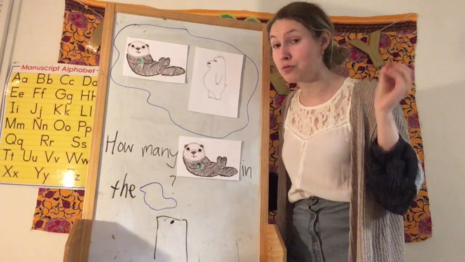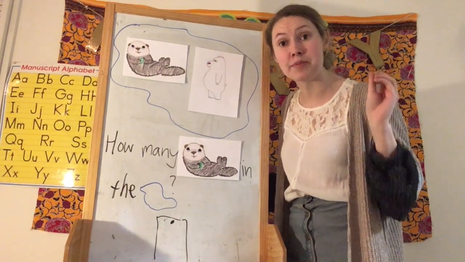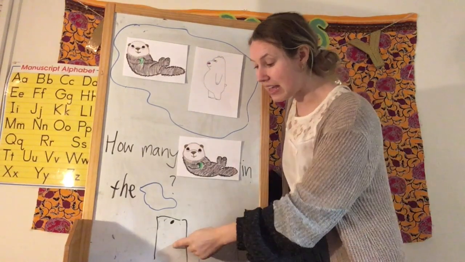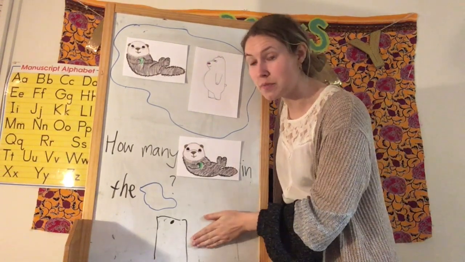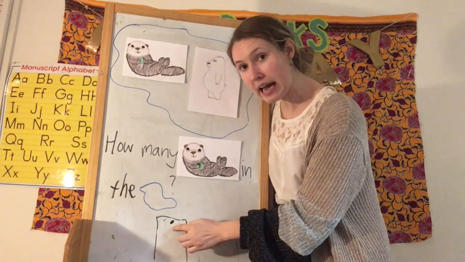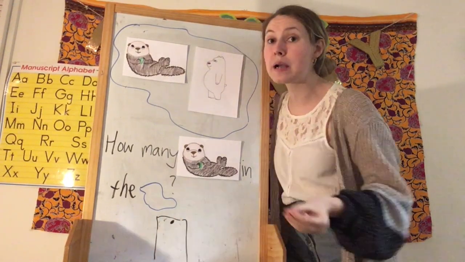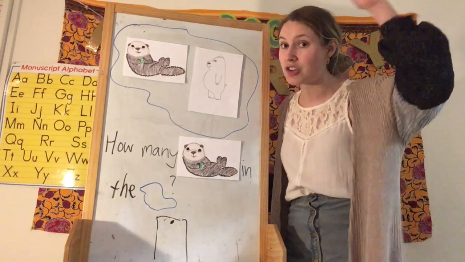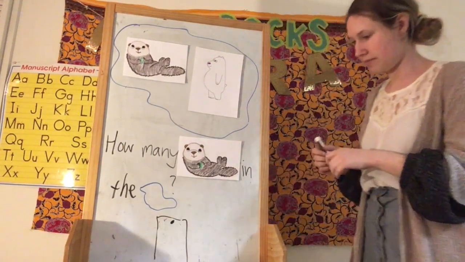So I'm going to write my answer because remember our objective is to write our answer to the how many questions in this answer box. Here's my answer box right here. And notice it has a dot at the top. That's where I'm going to be starting my numbers because when we're writing our numbers, we always want to start at the top of our box.